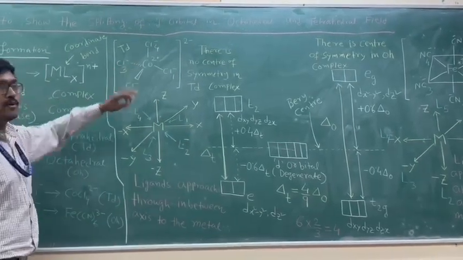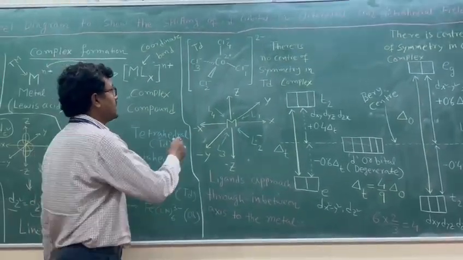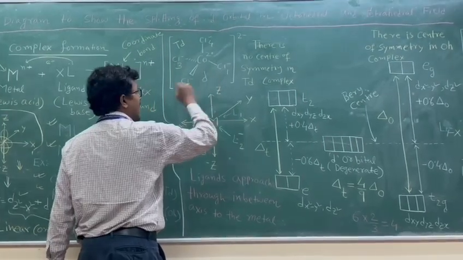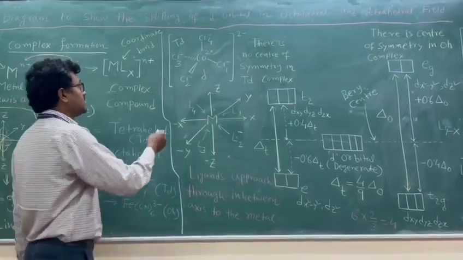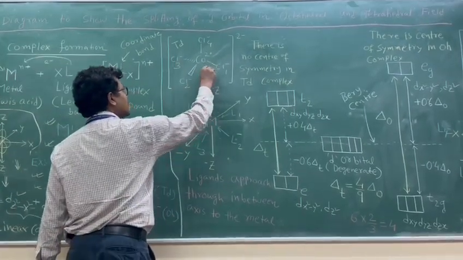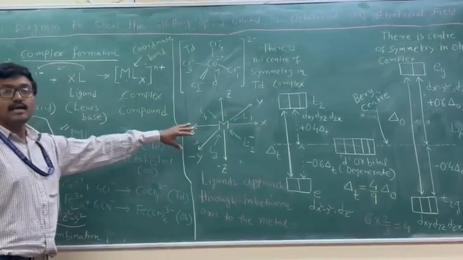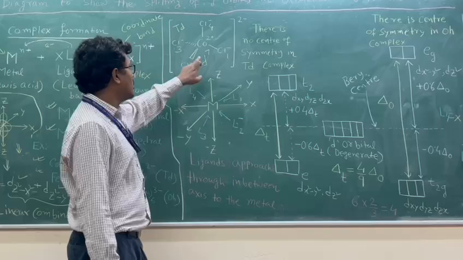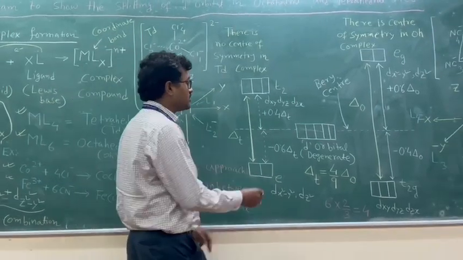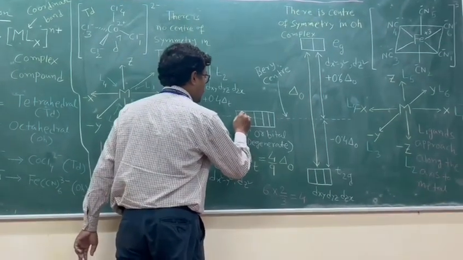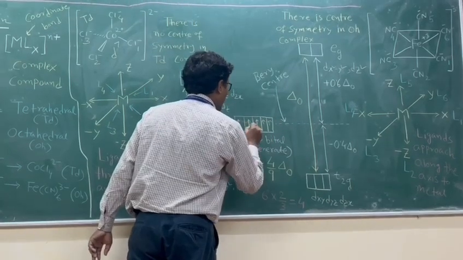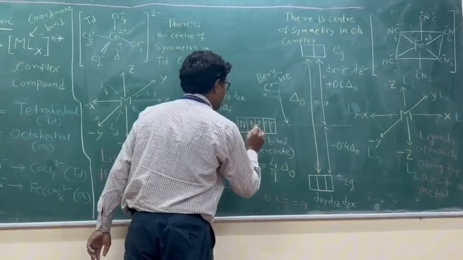And cobalt 2+ means it has d7: iron, then cobalt. So it has d7, so 7 d electrons are there. So the metal already has electrons and ligands are approaching, and ligands also have electrons. Now d7, all these 7 electrons will be here: 1, 2, 3, 4, 5, 6, 7, right?